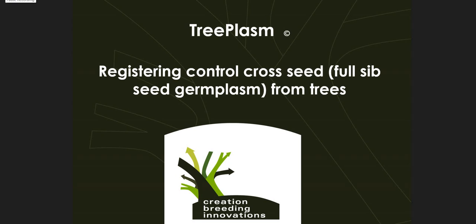Not only is this very important for future testing of the material and information on performance of that seed family, but it also facilitates mining information on general combining ability, hybrid combining ability, fecundity, and fertility, just to name a few. So let's go to TreePlasm and see how we can do this.